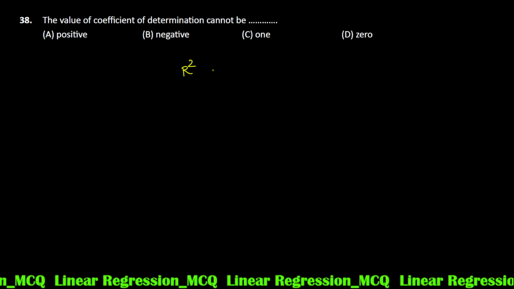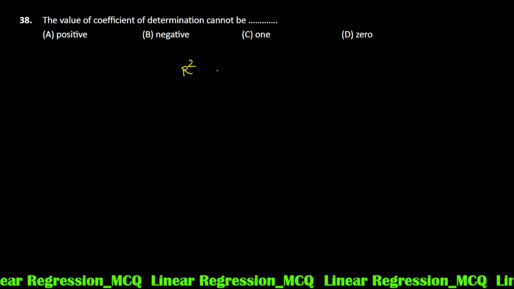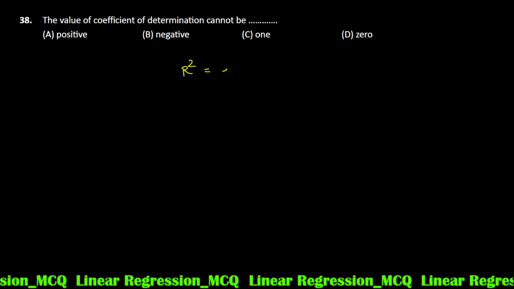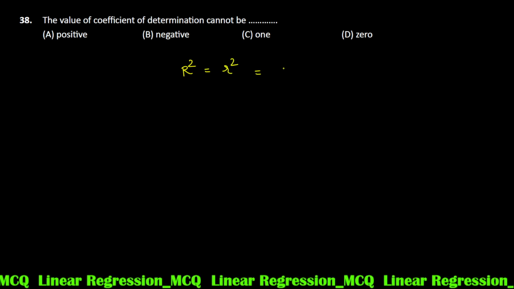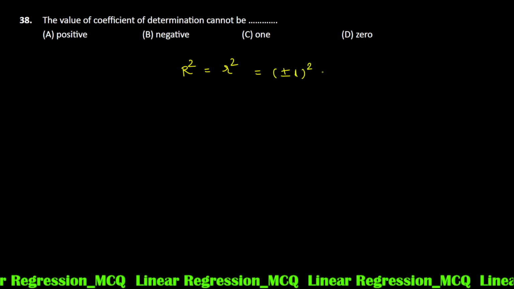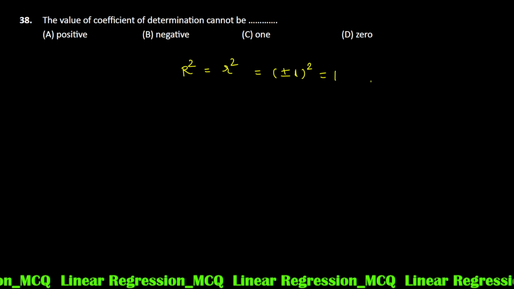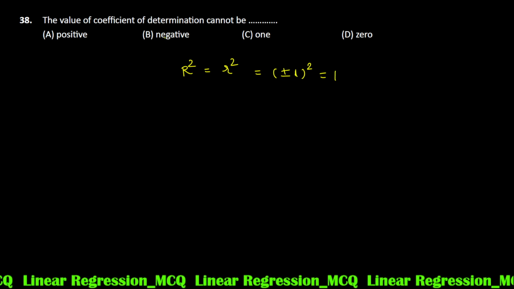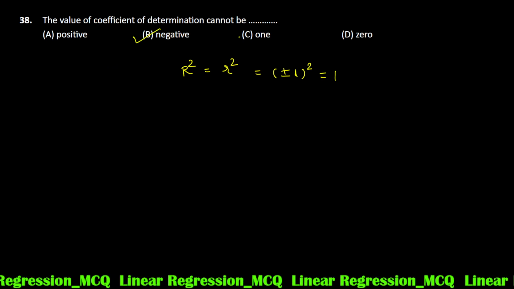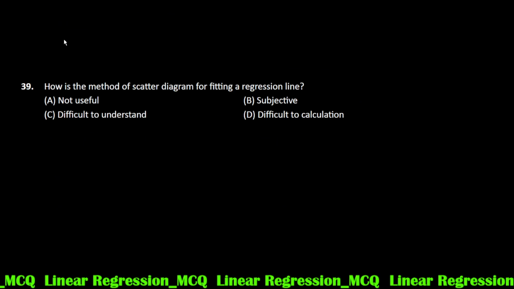It cannot be negative because r square equal to small r square, and maximum and minimum value of r is plus or minus 1, and always a square of -1 or +1 is 1. So value of coefficient of determination is always positive or 0. So option B is correct option in 38 number.